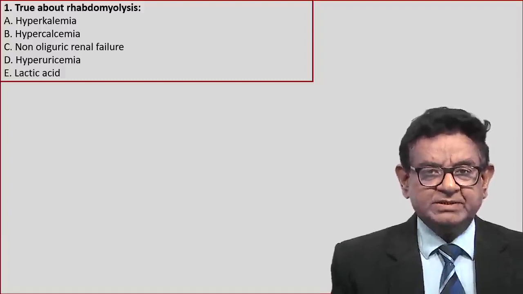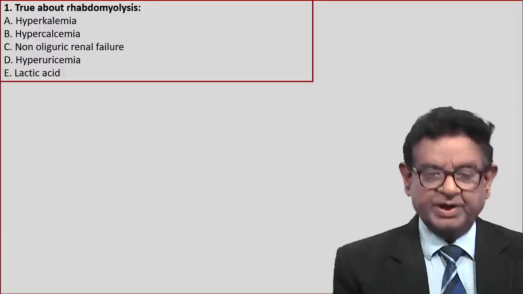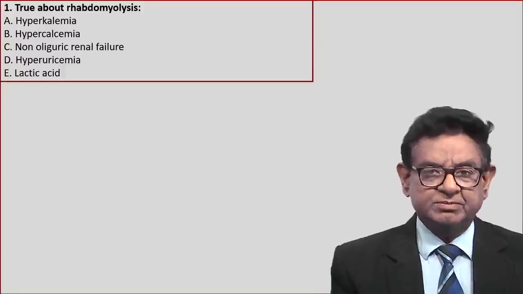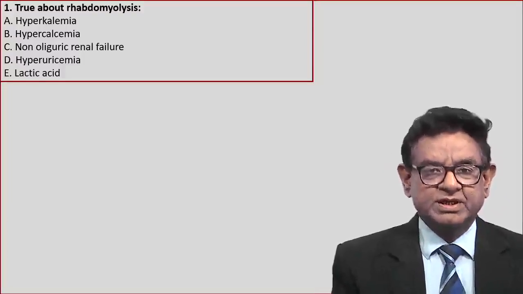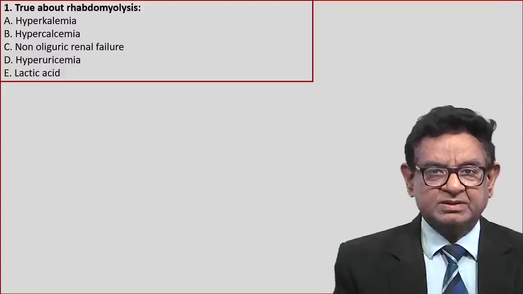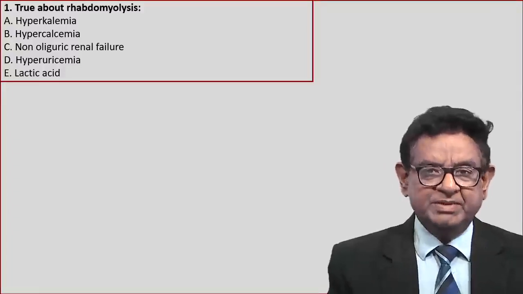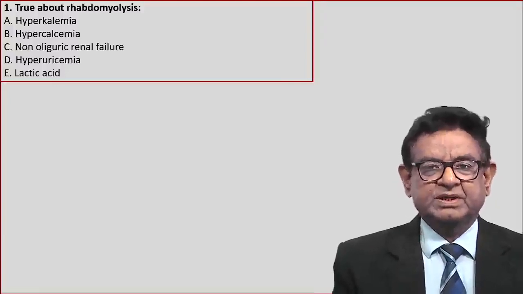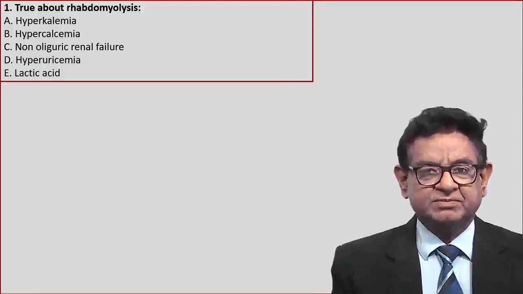This typically occurs in the setting of an earthquake. When the earthquake comes, buildings fall. It's quite possible that some big chunk or some big building material falls on the thigh of a person, and the thigh muscles are crushed.